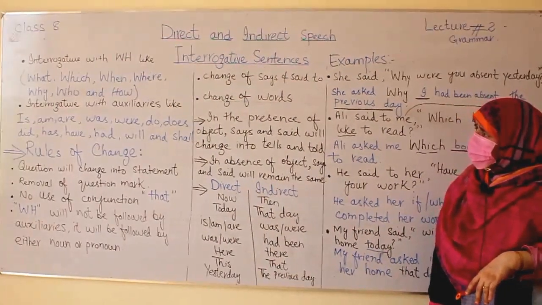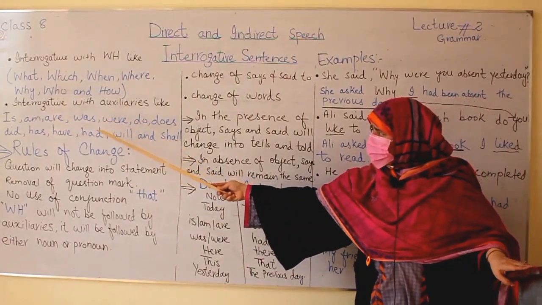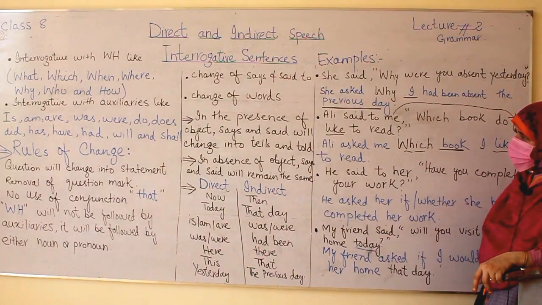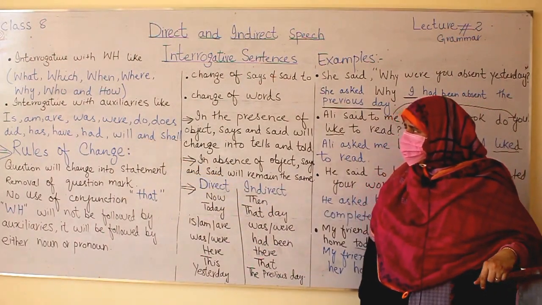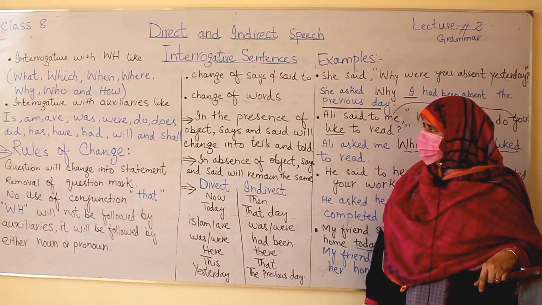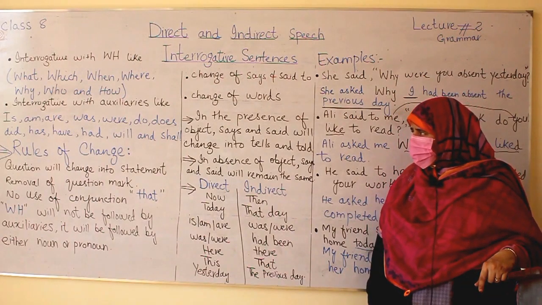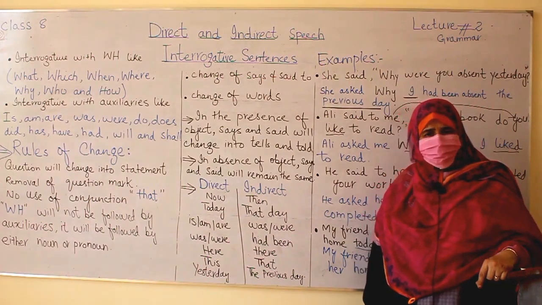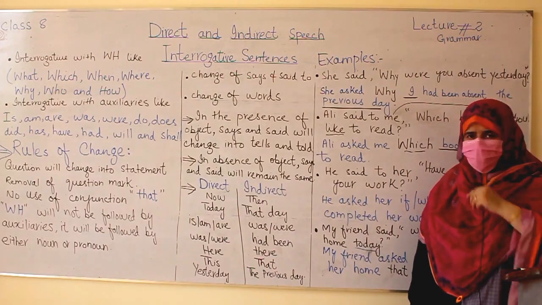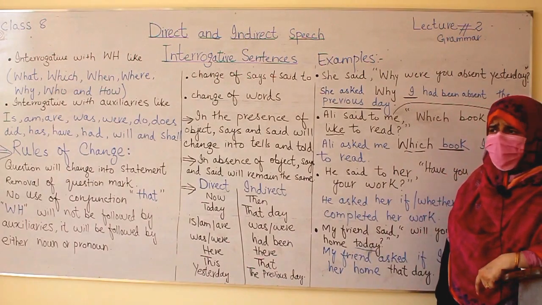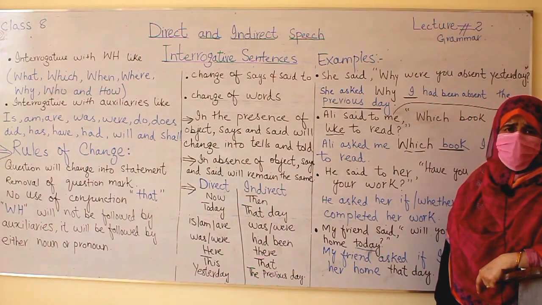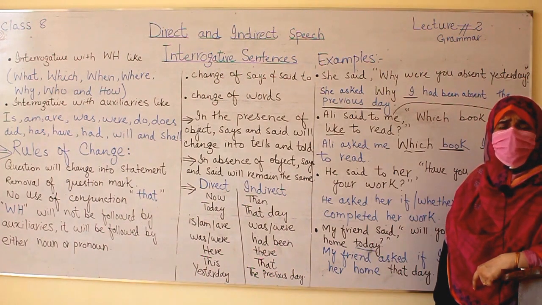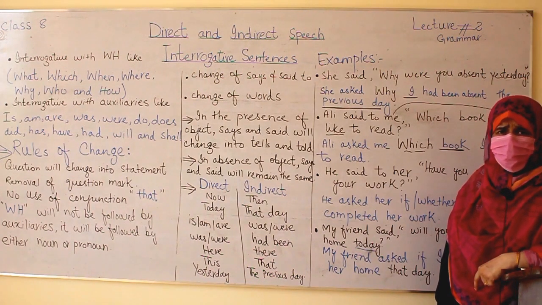Let me give you some other examples for interrogative with auxiliary, as we have done for have and will. The rest of them are left, so let me give you some more examples: is, am, are, was, were, do, does, did, have, has, had. We have done have, and shall is left. For example, for is: Is she writing? For example, she said or he said, whatever subject you are going to use, it's up to you.